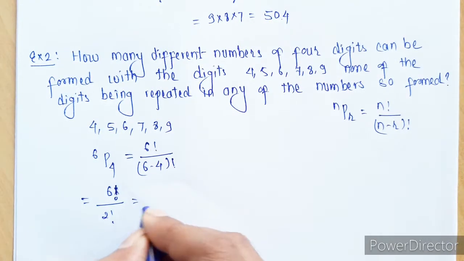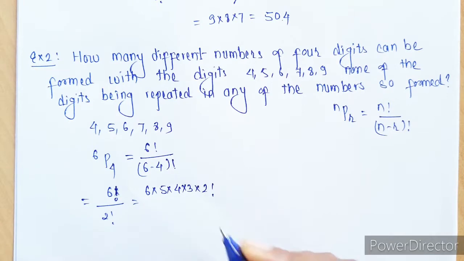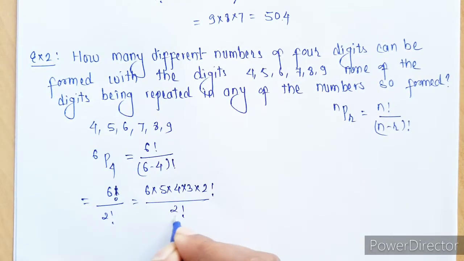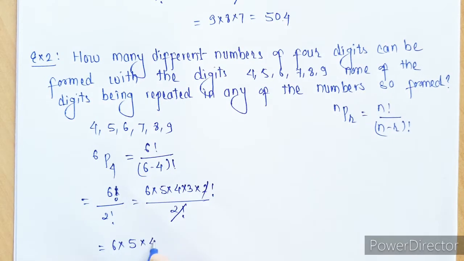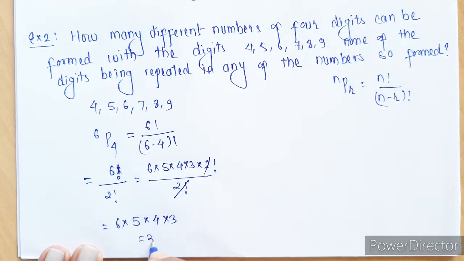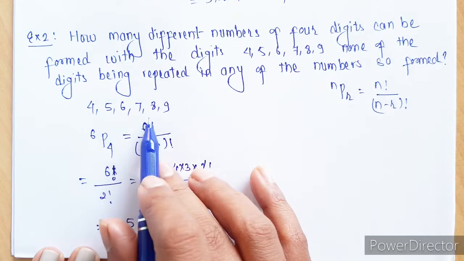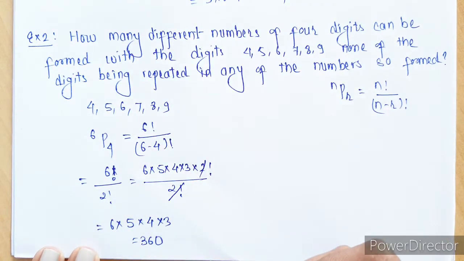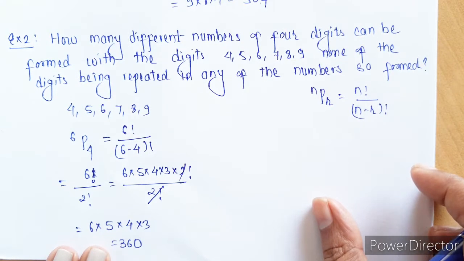Let me expand this: 6, 5, 4, 3 and then 2 factorial upon 2 factorial. So this will get cancelled. So what we have is 6, 5, 4 and 3, which is nothing but 360. So given the digits 4, 5, 6, 7, 8, 9, we can form a total of 360 numbers of 4 digits.